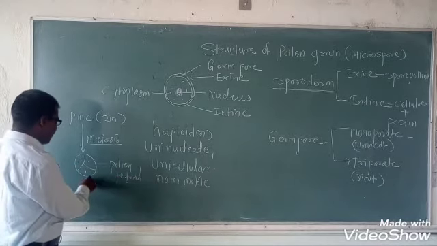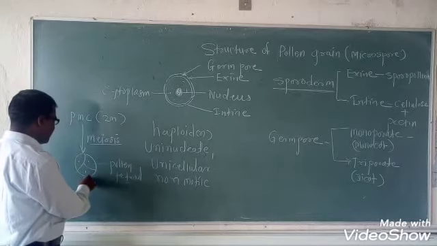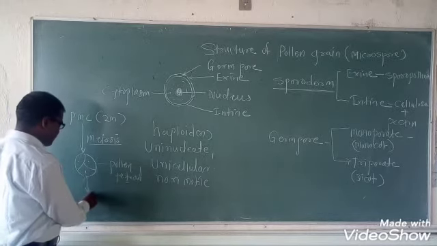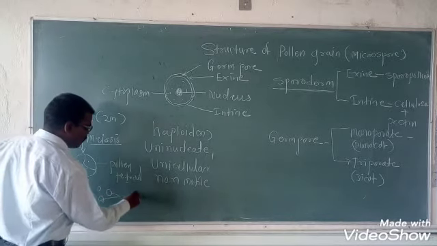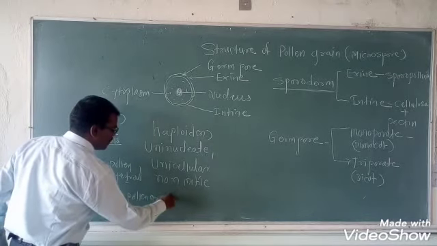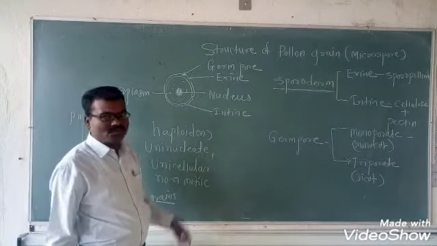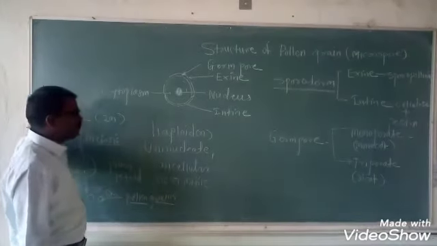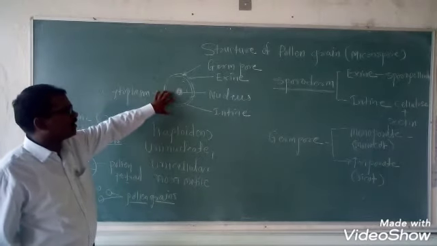Thereafter the tetrad releases four pollen grains. These are pollen grains or microspores formed after the meiosis of the pollen mother cell, and this is the structure of pollen grain.